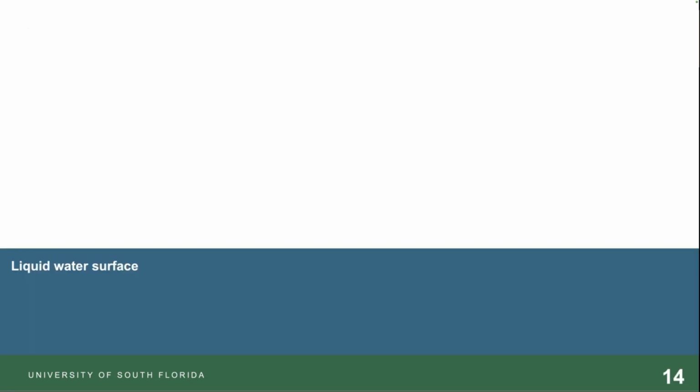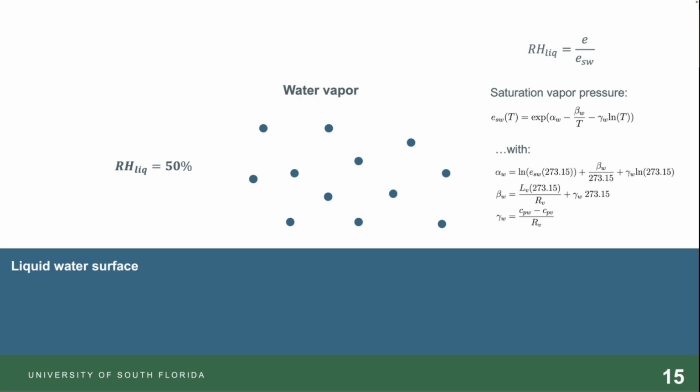So how does this activation theory work that we employ for the aerosols? So if we just imagine a liquid water surface and we have some moist atmosphere right above it, let's say just hypothetically at a relative humidity of 50%, and we can ignore those equations on the right for now, then if we start increasing that amount of water vapor, so long as we stay below 100% relative humidity, nothing really happens.